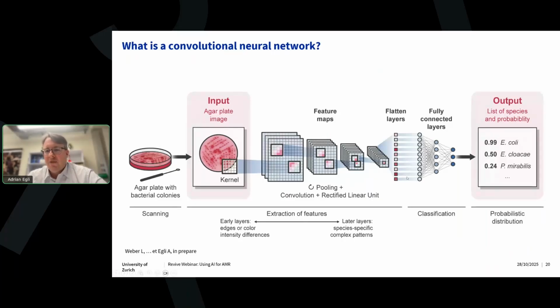And what the system will do in the neural network, it will increase and strengthen the connections, for example, for pink color or a certain shape of the colony. And then it ends up with the likely identification of Escherichia coli.